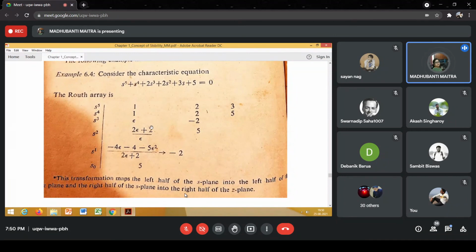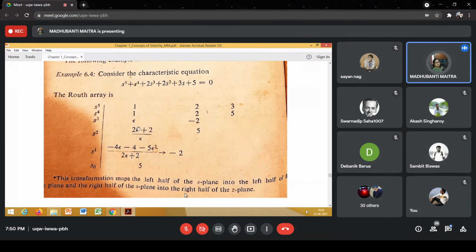Now, next come to this term, which is 2 epsilon plus 2 divided by epsilon. Since epsilon is very, very small, this term 2 epsilon can be neglected with respect to the term 2. Am I clear? Yes, ma'am.